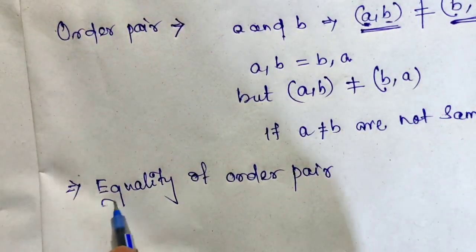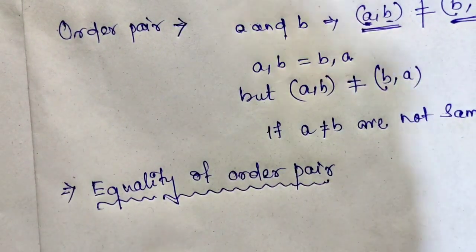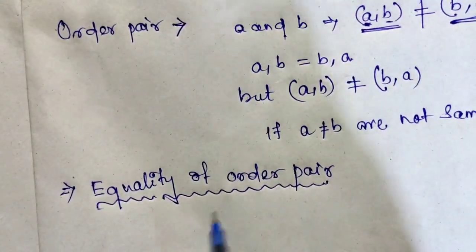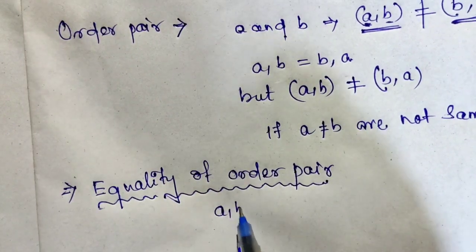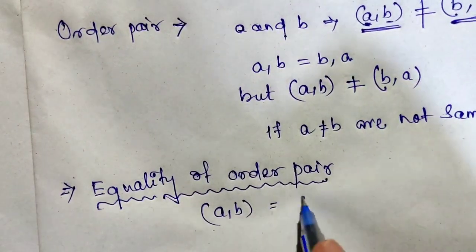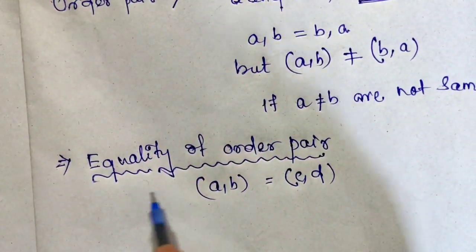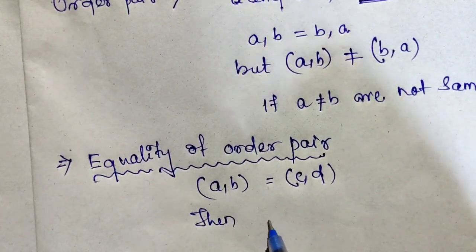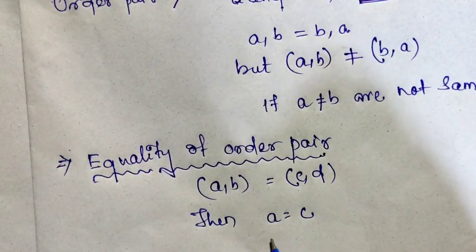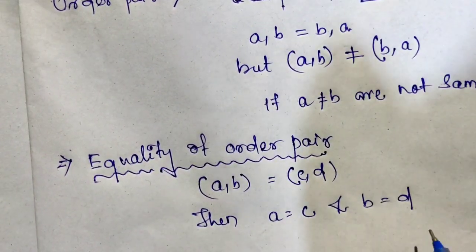Equality of ordered pairs means if two ordered pairs are the same, that is, ordered pair (a, b) equal to ordered pair (c, d), then a is equal to c and b is equal to d.